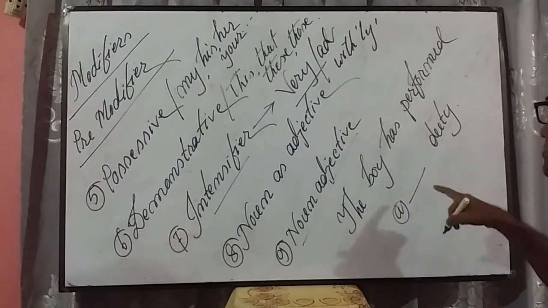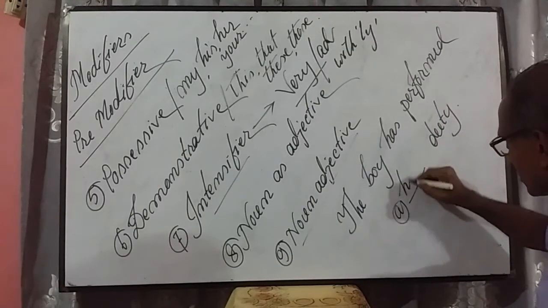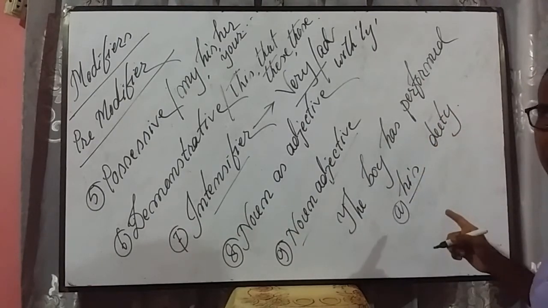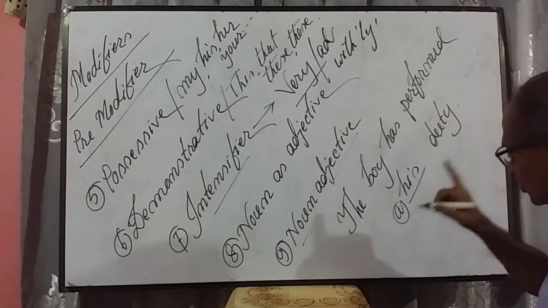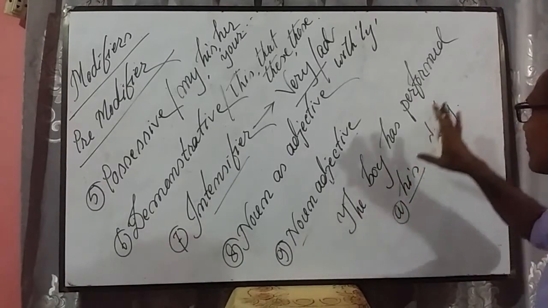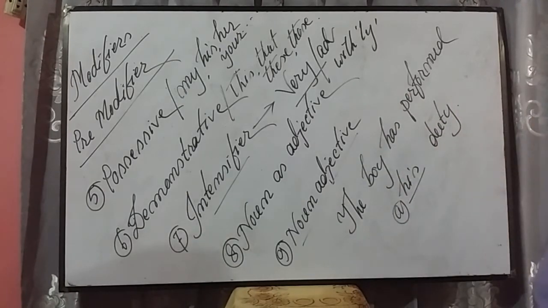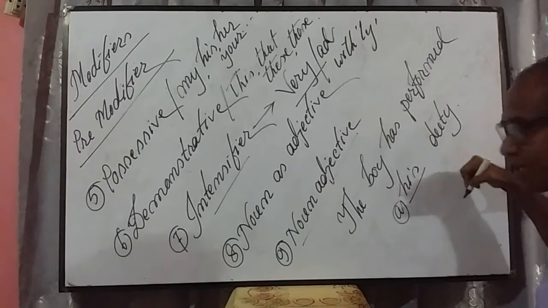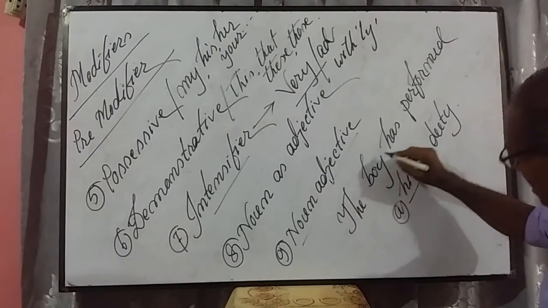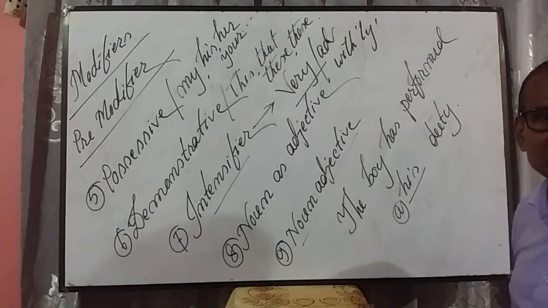So what kind of possessive are you going to use here? The boy has performed definitely his duty. The boy has done his duty. And if it were not the boy, if it were I have done or I have performed, then it would be my duty. That means I have done my duty. My is one kind of possessive. Here the subject is third person singular, that's why the possessive is his. Okay?